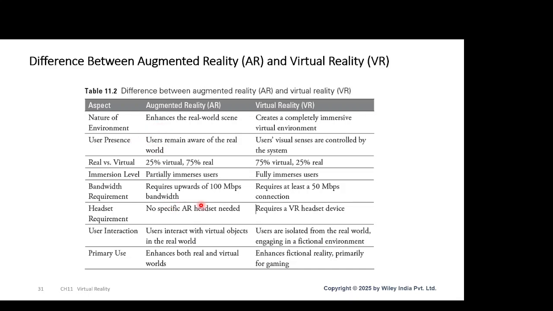It is comparatively less in the case of virtual reality. In augmented reality, you do not need any specific AR headset, but you require a VR headset to have a virtual immersive experience. User interaction with virtual objects takes place in the real world, but in virtual reality, users are isolated from the real world and engaging in a fictional environment.